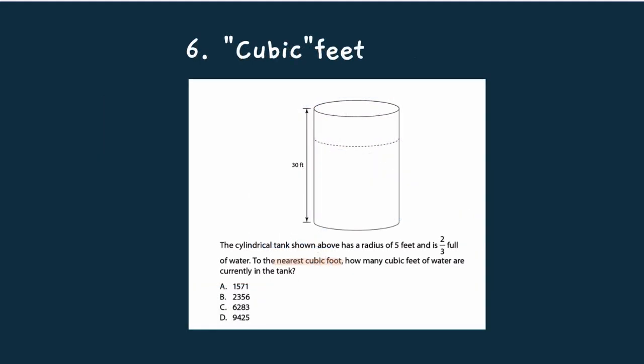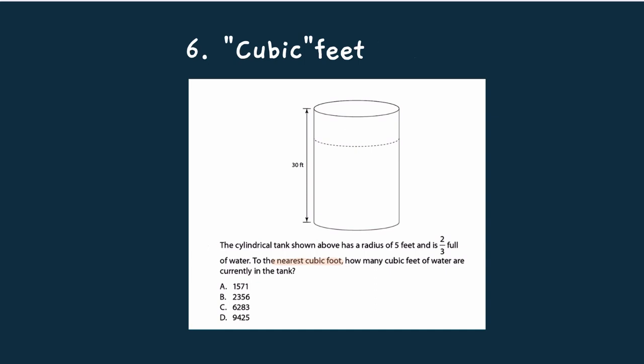And the last keywords for this video are cubic feet, or square feet or cubic meters. For example, the question is: the cylindrical tank shown above has a radius of 5 feet and is 2/3 full of water. To the nearest cubic foot, how many cubic feet of water are currently in the tank? Look at it.